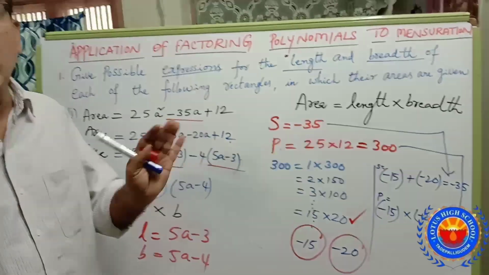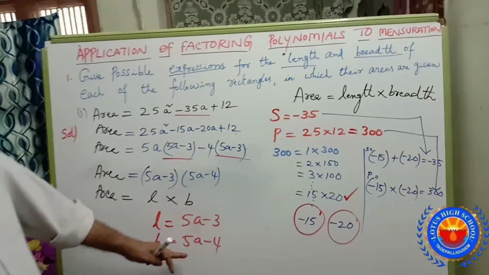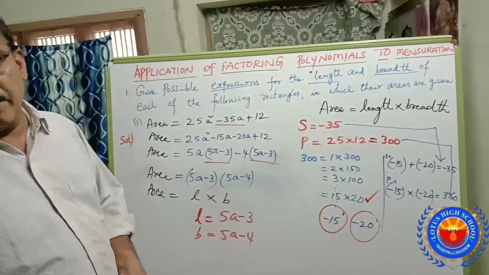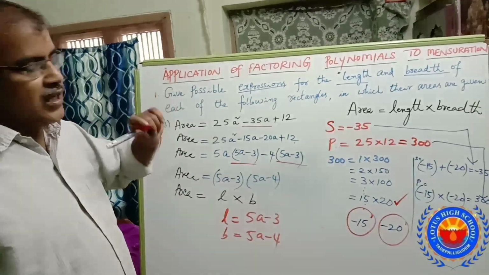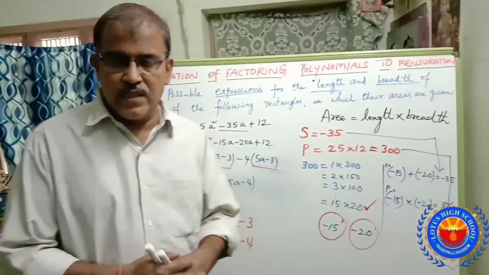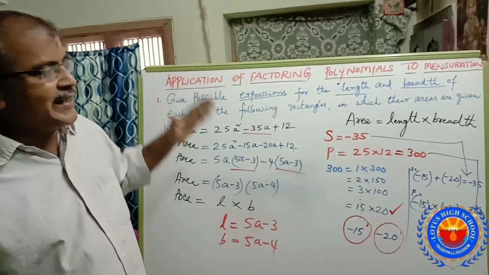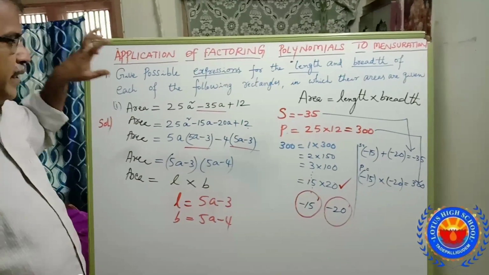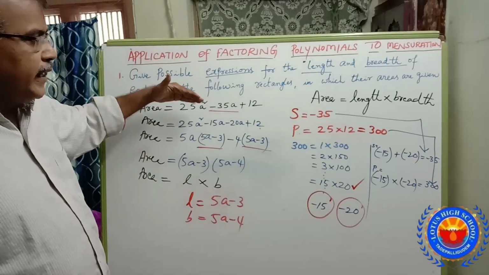These are the possible dimensions. You can take length is equal to 5a minus 4 and breadth is equal to 5a minus 3 also, no problem. This is the first sum. These are the applications of factoring polynomials to mensuration. By using the rectangle concept, area of the rectangle formula, here one algebraic expression is given. This is a quadratic polynomial.